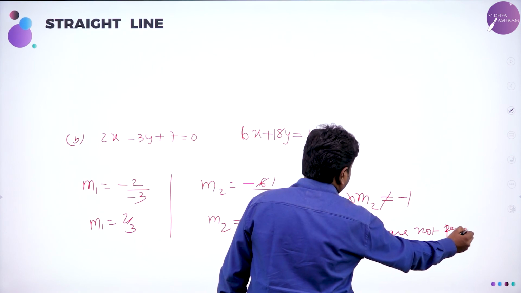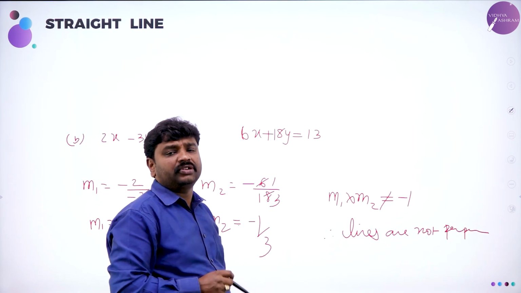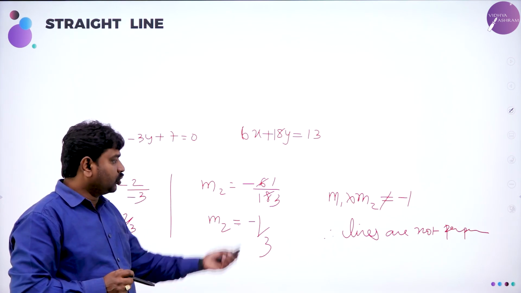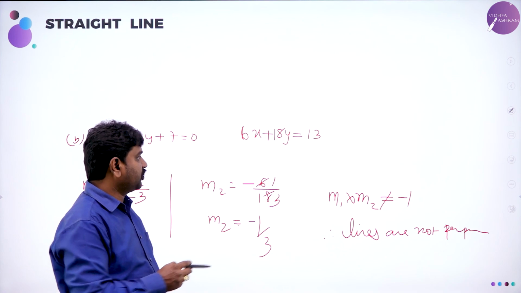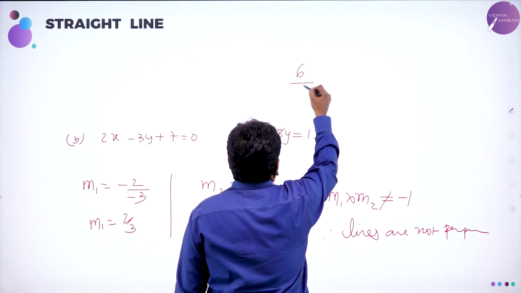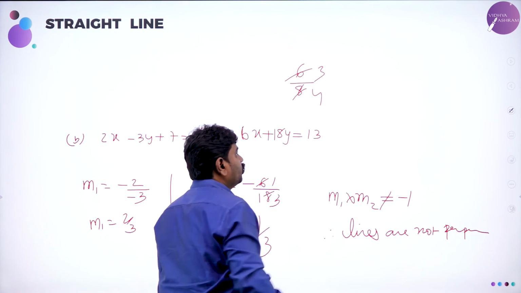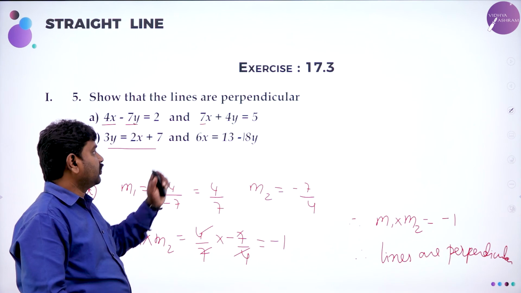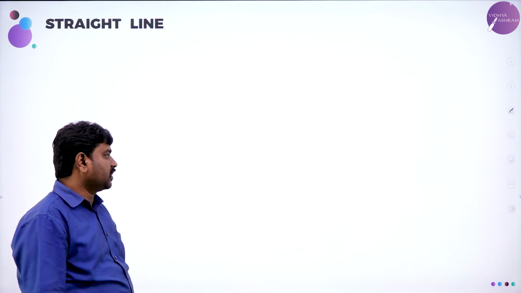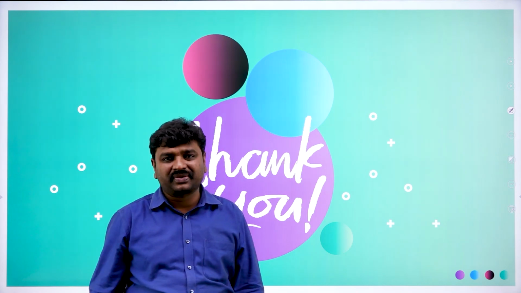I also tried taking 8: 6 by 8, if you take 3 and 4, 3 by 4, you will not get 2 by 3. Therefore the second set of lines are not perpendicular. So only the first set is perpendicular. That is the conclusion. So I hope all of you understood. I'll see you in my next session. Thanks for attending. Thank you.